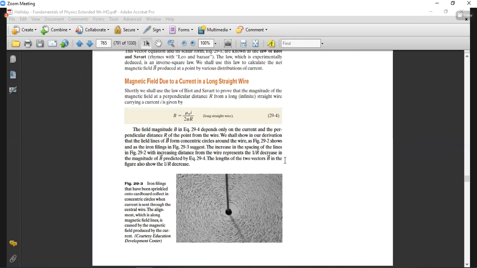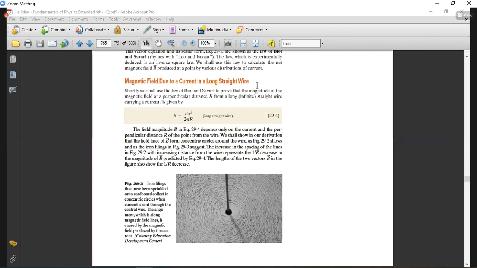If you have a charge, obviously a charge has electric field lines. So when you move away from the charge, will the electric field lines get more congested or less congested?